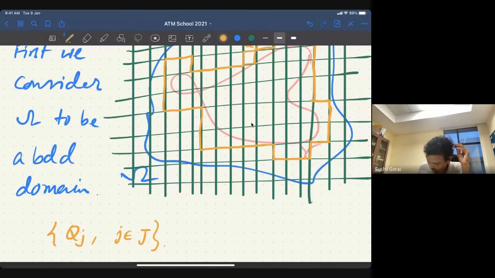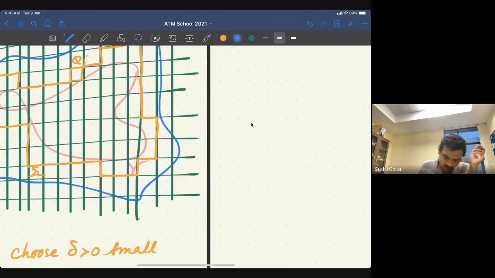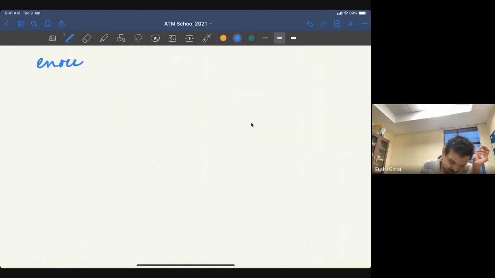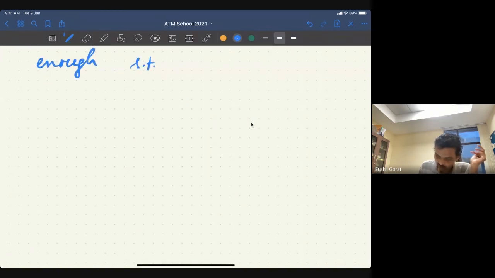So choose the length of the grid, this is delta, small enough such that this set J, the index set, is not empty.